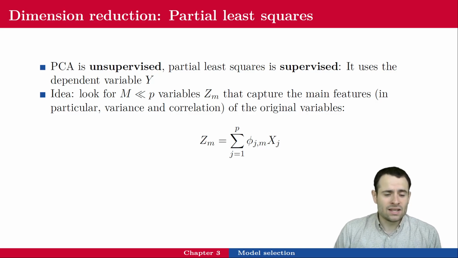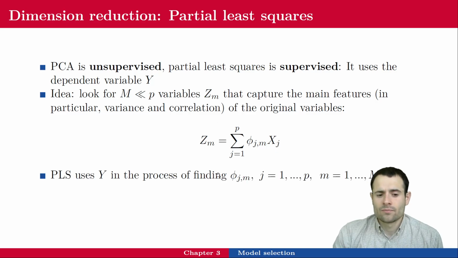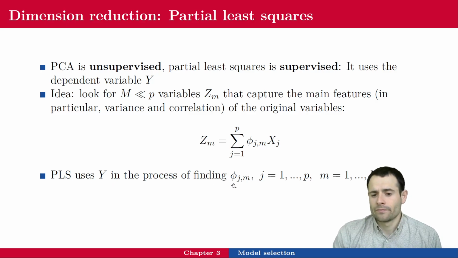The idea is exactly the same as before. My z is going to be a linear combination of my x's, but my phi's are going to be using y to be found. So PLS, partial least squares, uses y in the process of finding the phi's in such a way that my 20 z's will not only summarize my x's well, but will also keep some correlation patterns with y.